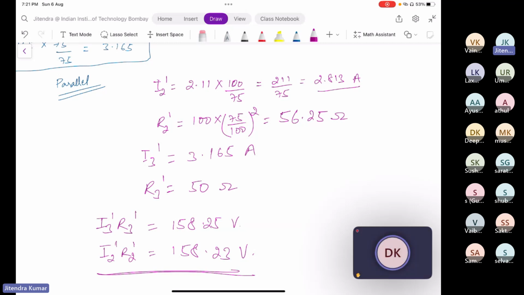Then multiply by 50. It will come nearly equal, but sir, we can connect in parallel, not in nearly. It is exactly, sir. I want to say, sir. Please go with this last statement, sir. I2 dash into R2 dash is equal to.